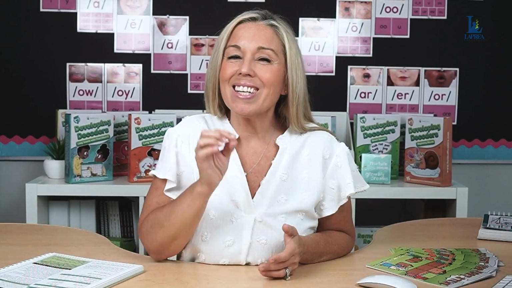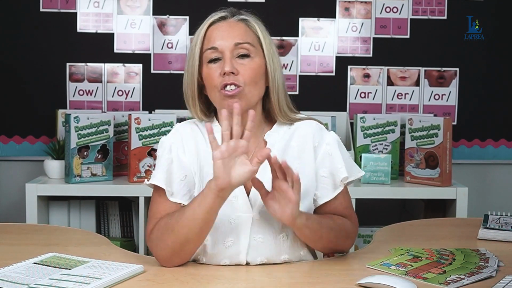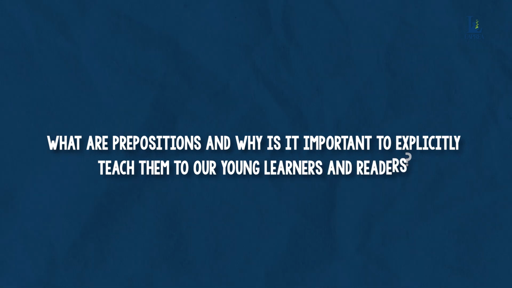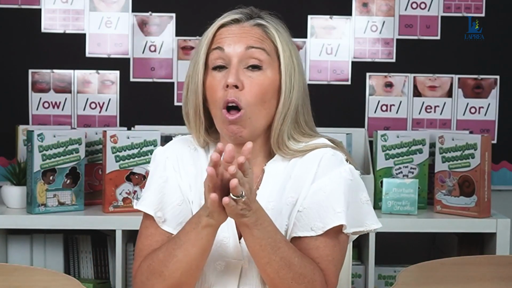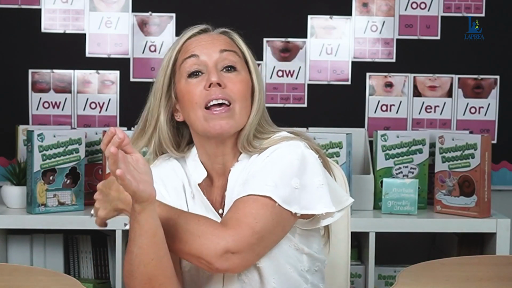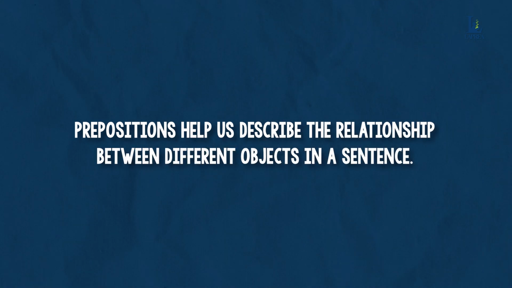Before I show you exactly what I mean by that, let's start with the basics. What are prepositions, and why is it important for teachers to explicitly teach them to young learners and readers? Prepositions are small but really mighty words that help us describe the relationship between different objects in a sentence.